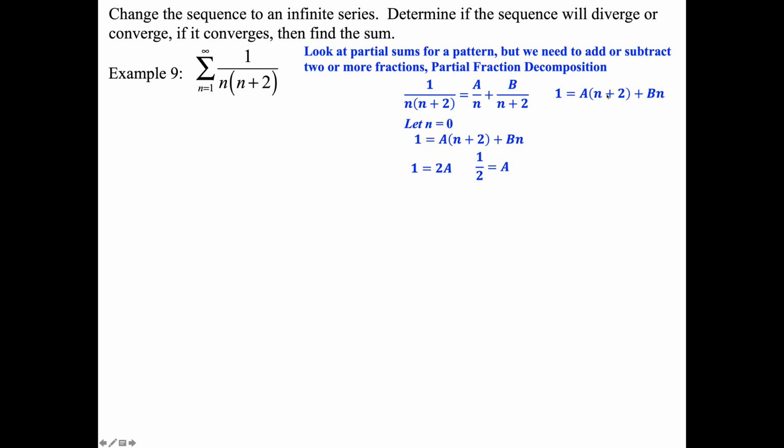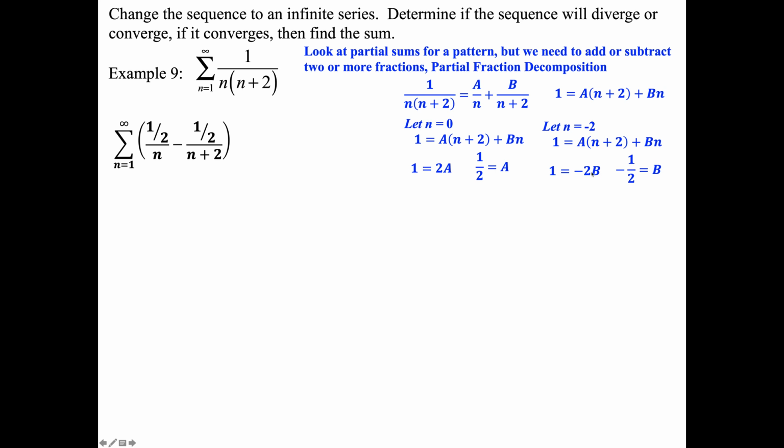Do the same thing: let n be negative 2, so we can cancel out that binomial. So this is a 0, and we get negative 2B. Divide by negative 2, B equals negative 1/2. So this one fraction now becomes 1/2 over n minus 1/2 over n plus 2.